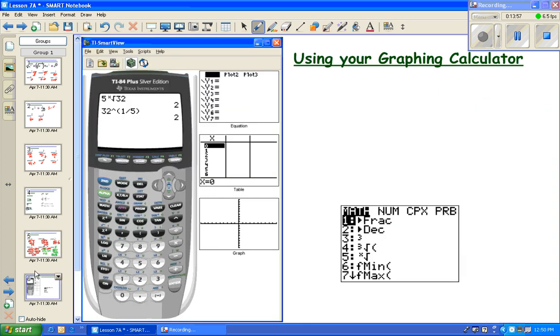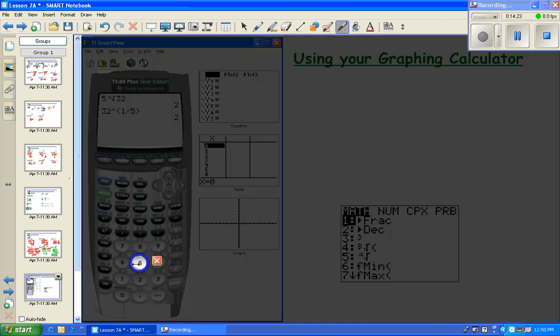Now don't forget about your graphing calculator. You can put numerical things in your calculator. Let me get to do what I did here, and this is the 5th root of 32. You first type in your 5 that you see here. Okay, you first type in the 5, and then you're going to type in your math key.